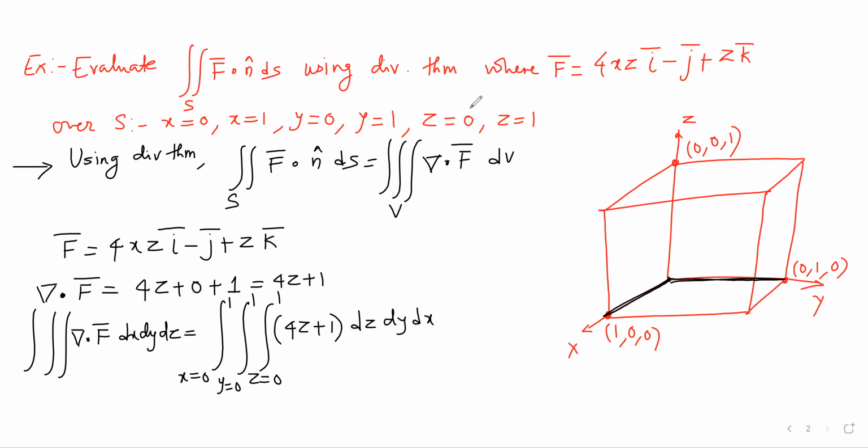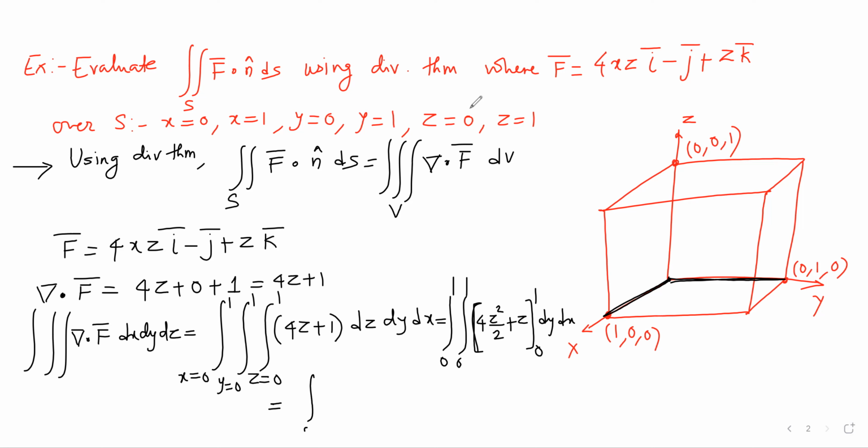So that way we are getting 3D to 2D projection, 2D to 1D projection. Now we'll solve this integration. First of all, we'll integrate with respect to z, keeping the x limits and y limits as they are. So the integral is 4 times z square by 2 plus z, from 0 to 1, dy dx.